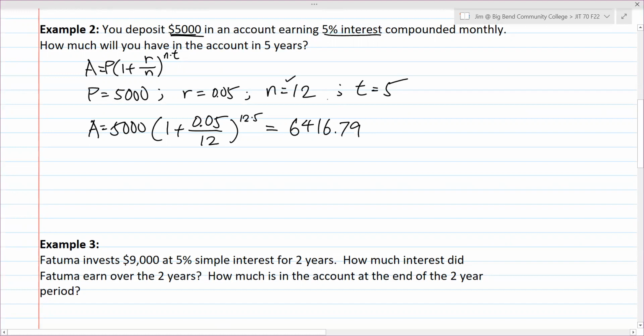So that's the amount of money you have 5 years later. So that means you earn about $1,416 more after 5 years, if we assume that our interest is not paid as tax, yes.